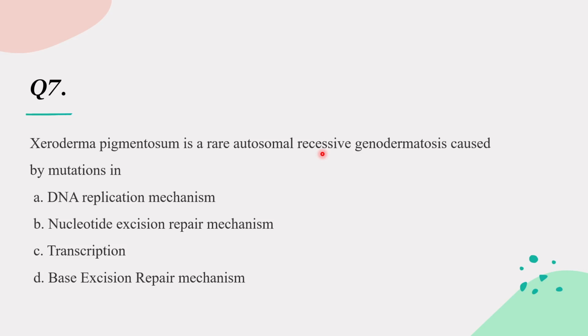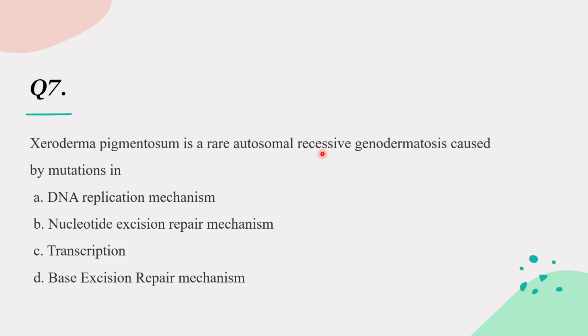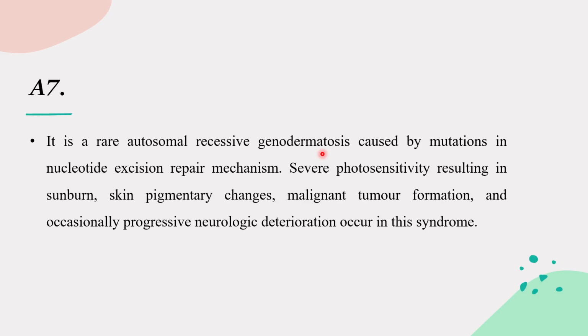Okay, let's discuss then what will be the answer. So xeroderma pigmentosum is a rare autosomal recessive genodermatosis caused by mutation in the nucleotide excision repair mechanism. So the answer will be B. Some of you have answered A, some of you have answered B or D. So the answer will be B, that is nucleotide excision repair mechanism.